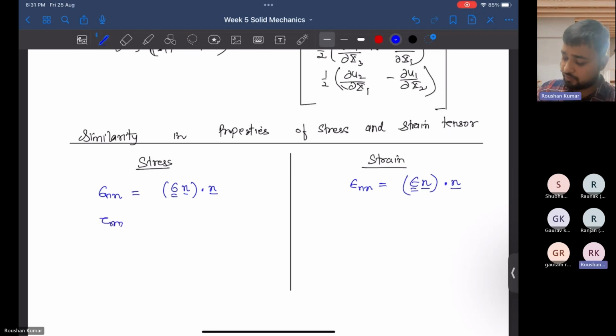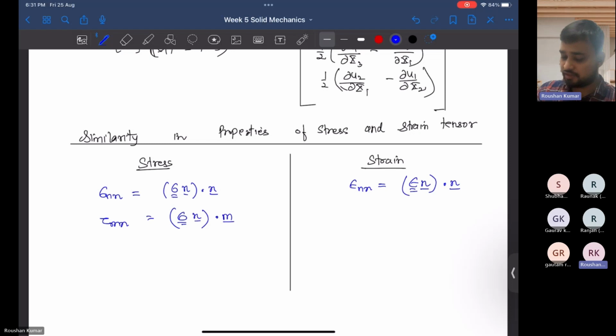Next is the shear component of traction, given by sigma n dot m, and in analogy to this we can find the shear strain, given by gamma mn, which is 2 times the infinitesimal strain tensor n dot m.